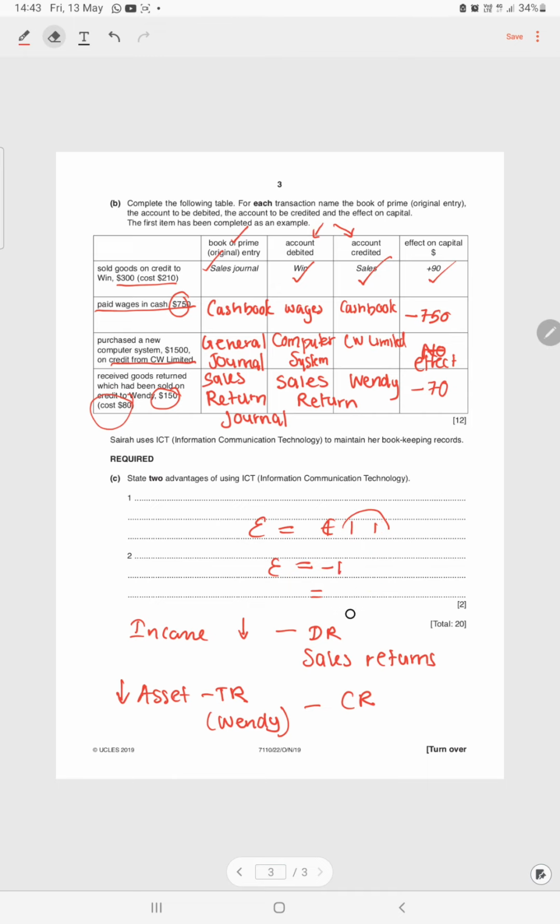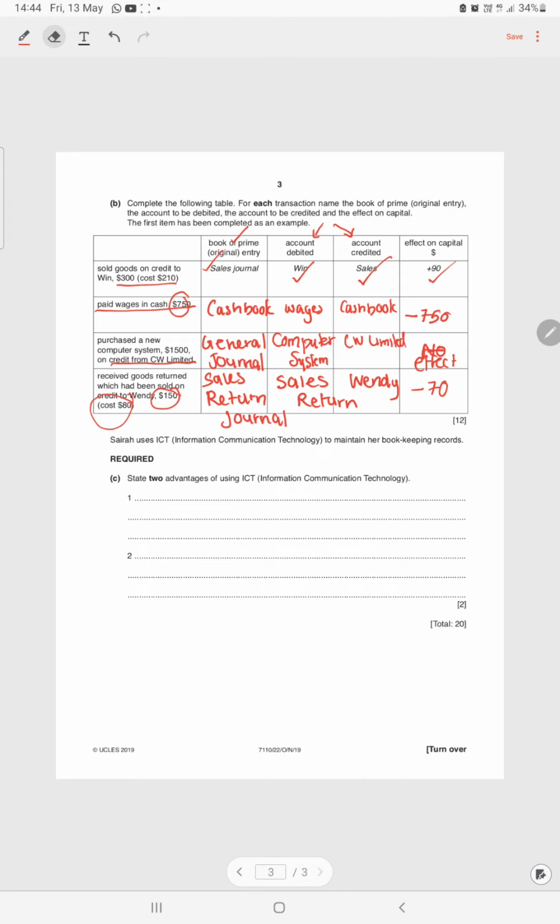Clear? And the final question, a small theory question. State 2 advantages of ICT accounting. So what are the advantages of having a computerized system?